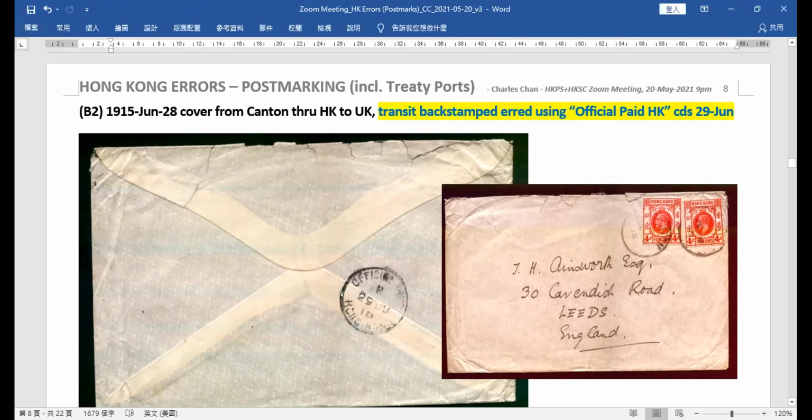This is very unusual, using it in that way. Maybe several CDS were on the table, and the clerk just picked up the wrong one and chopped it. But Official Paid is usually in red. When I inspect this CDS, Official Paid, I cannot see any red inking remains over there.